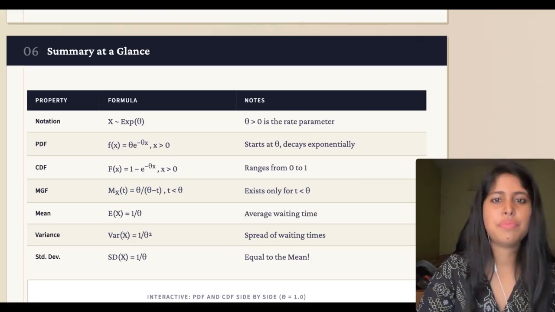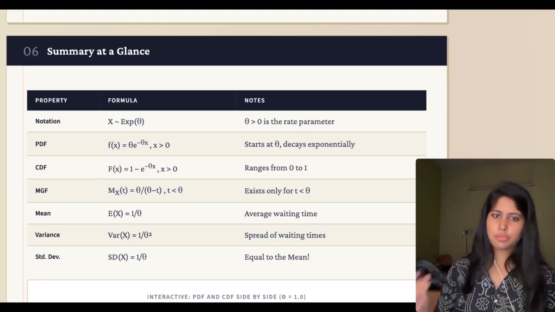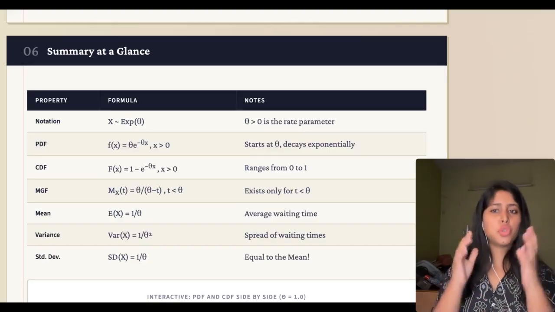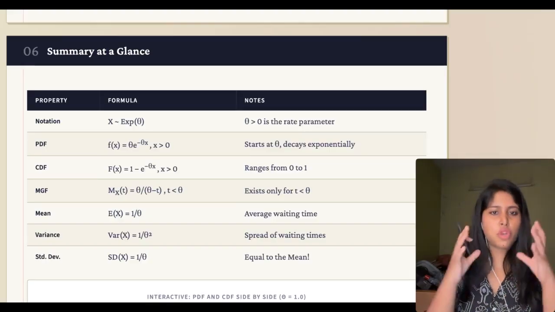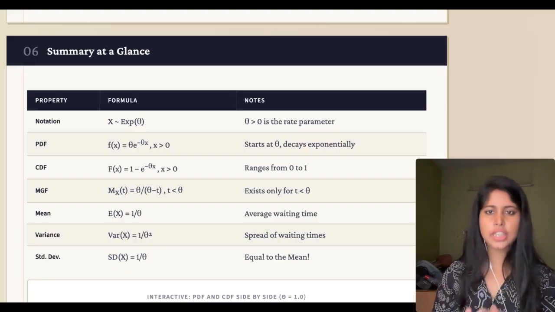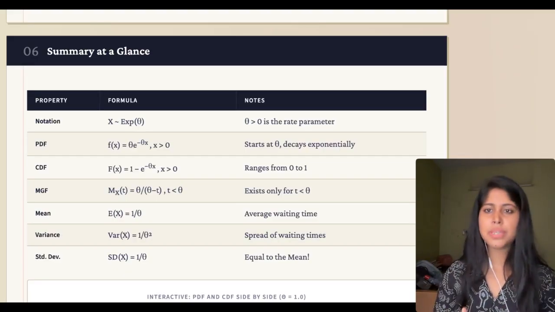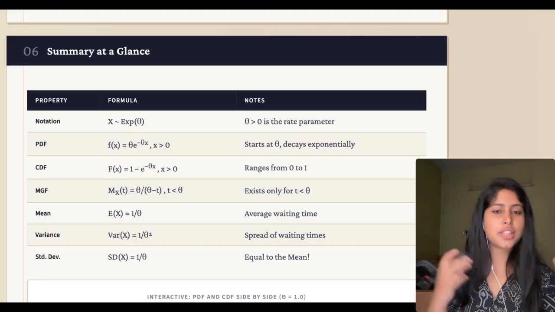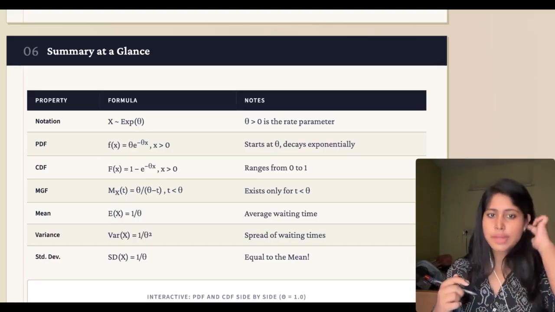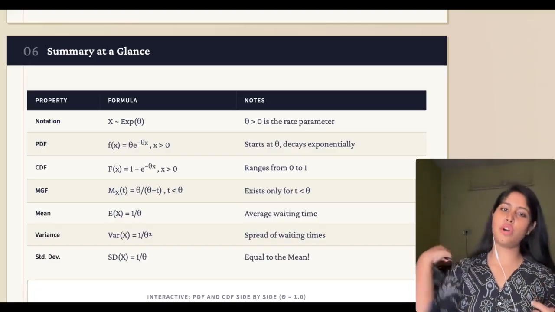Okay, so basically that is it for today, and we have covered the full theory of the exponential distribution, from the definition to the CDF and the PDF, the MGF, and we derived the mean and the variance from scratch, just like you would do in your exam. Every step which I showed, you have to follow that.